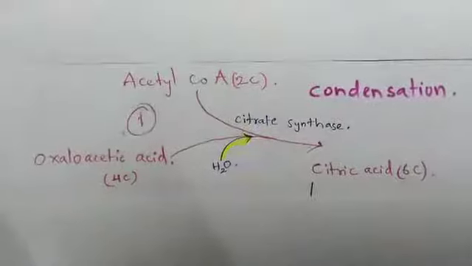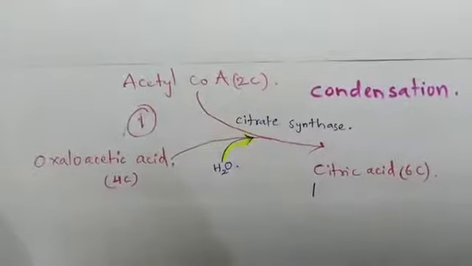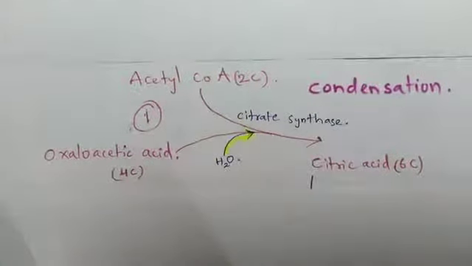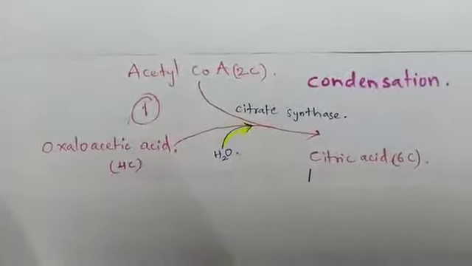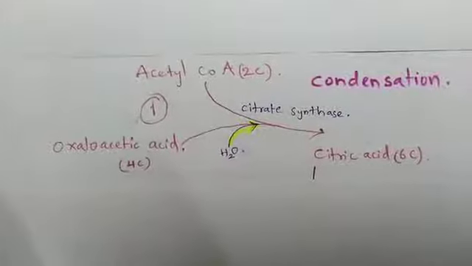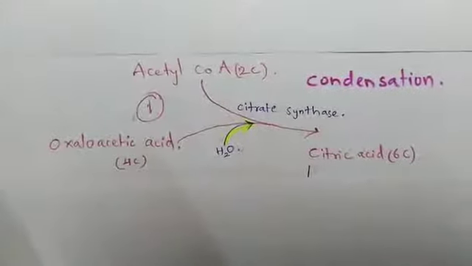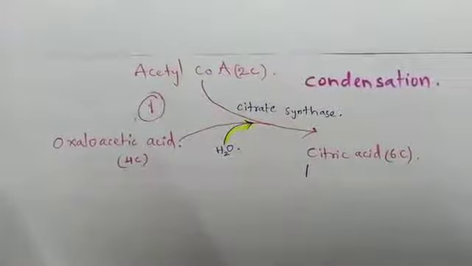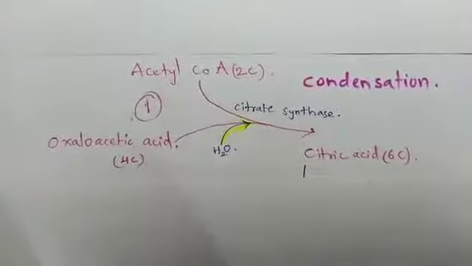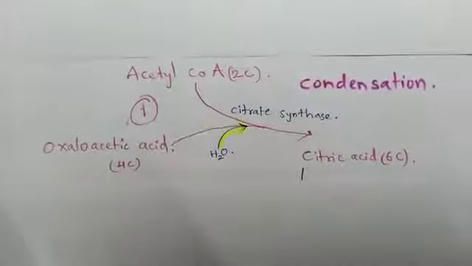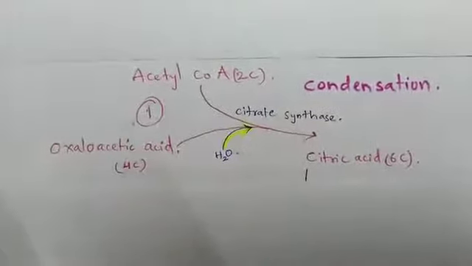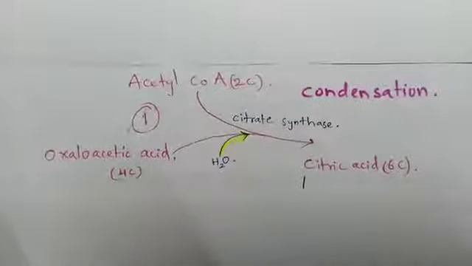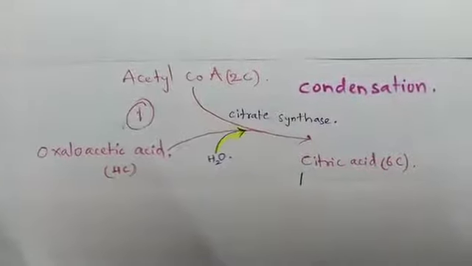The first step of the Krebs cycle is condensation. Here the acetyl coenzyme A reacts with oxaloacetic acid formed in the previous Krebs cycle. Oxaloacetic acid combines with acetyl coenzyme A in the presence of citrate synthase and a water molecule is added, and hence forms citric acid, which is a 6-carbon molecule.